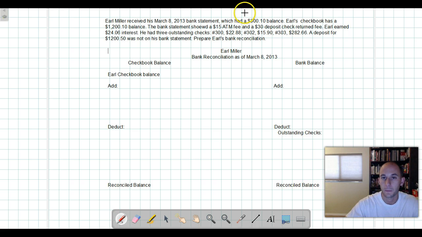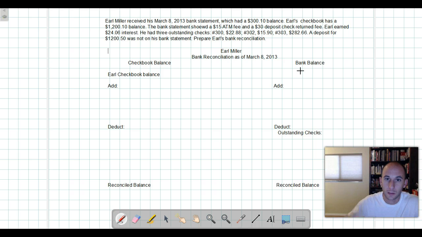On the bank side, the only two transactions that affect that side are outstanding checks and deposits in transit. So when you see those two words, you know that they occur over here, and everything else other than deposits in transit and outstanding checks occurs on this side.